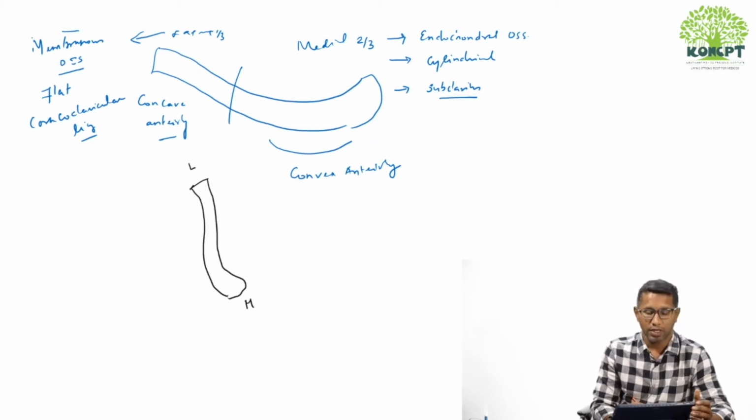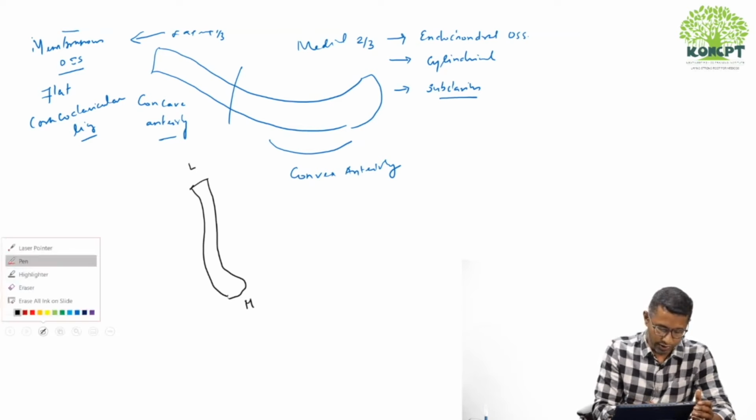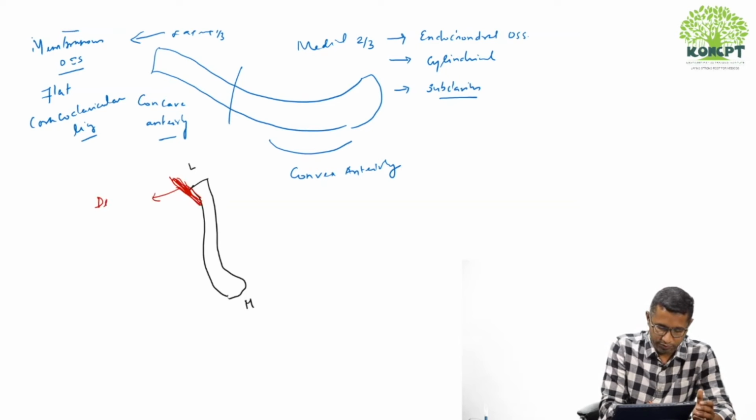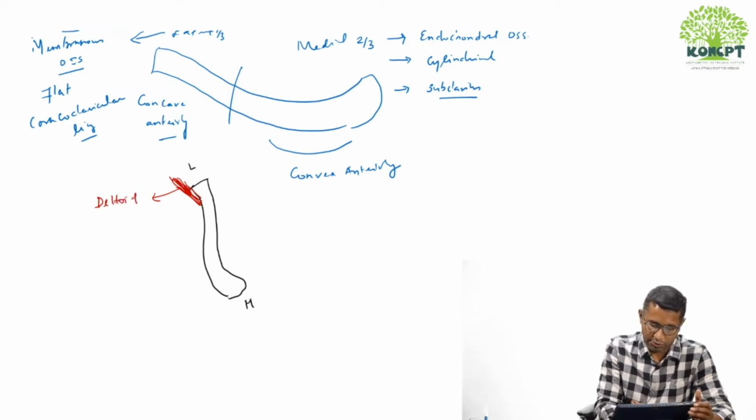When you look at the muscles attached to the clavicle, on the lateral side from the anterior aspect, there is a muscle which takes origin here, which is the deltoid muscle. The posterior aspect of the lateral 1/3 gives insertion for the trapezius muscle.